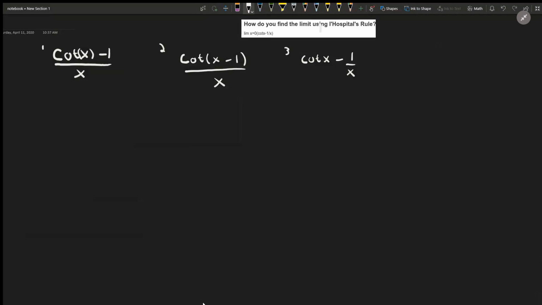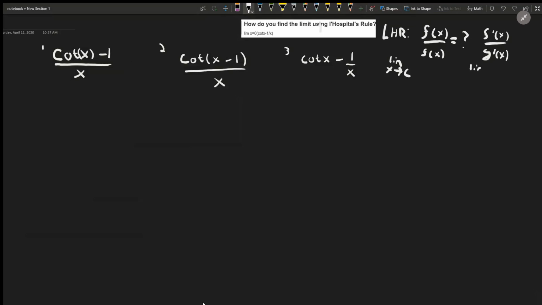But before we do, let's remind ourselves quickly, what is L'Hopital's rule? I'm going to call that LHR for L'Hopital's rule. What L'Hopital's rule says is if you have a function divided by another function and you try taking the limit as x approaches some value, we'll call that c, and you get an indeterminate form, then you can basically take the derivative of said function in the numerator and divide it by the derivative of the function in the denominator.